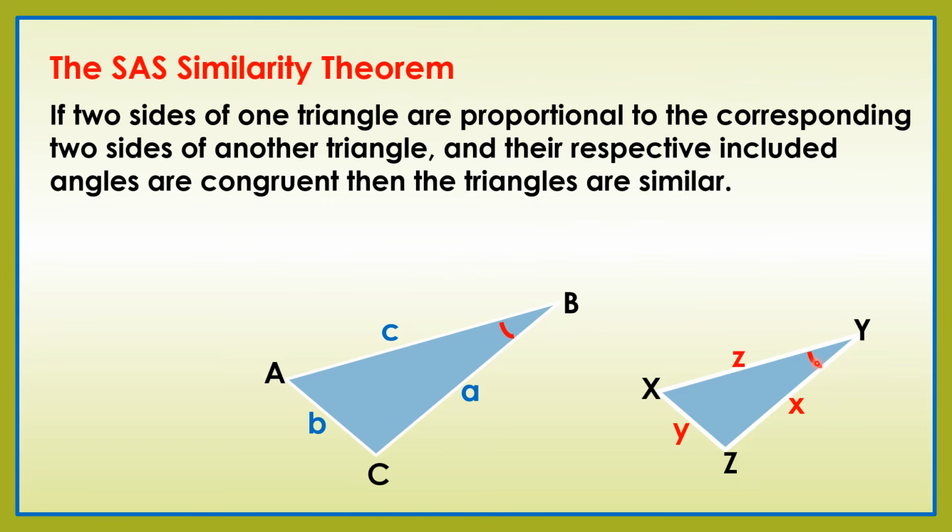Kung ito yung angle natin, therefore, ito yung dalawang side na kukuhanin natin. So, we have your side, angle, side. So, palaging nasa gitna yung ating angle. Okay? So, therefore, we can say now that a over x is equal to c over z. That is SAS similarity theorem.